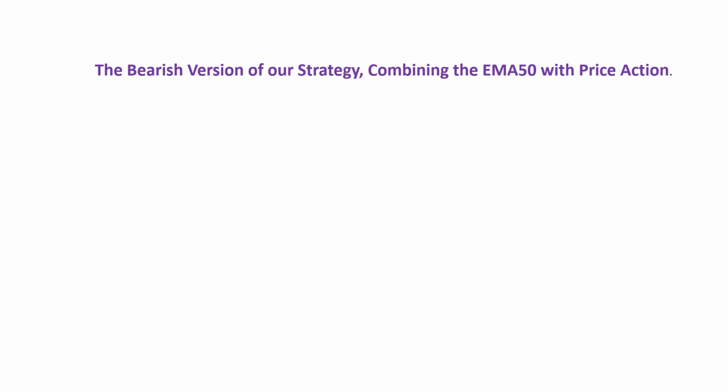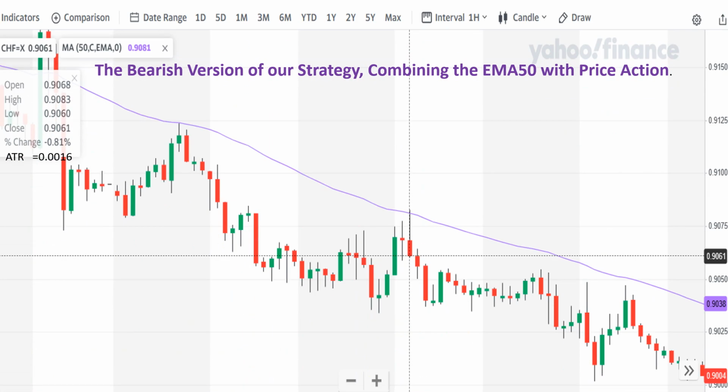Welcome viewers to the bearish version of our strategy, combining the 50 period exponential moving average with price action. This is the USD franc currency pair on an H1 time frame.